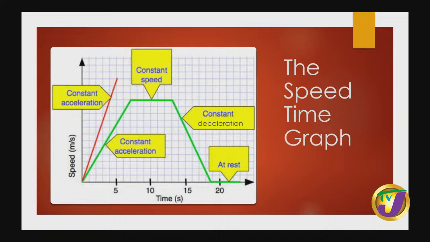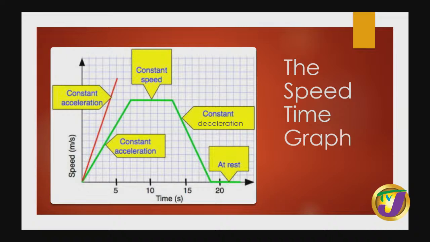Now, Nikisha, I also want to highlight that on the graph there is no negative at all. I'm accustomed to my Cartesian plane where we have both positive and negative. So why is that so?